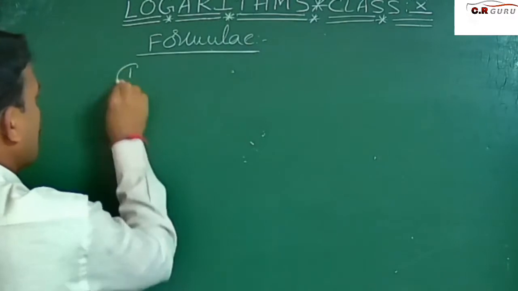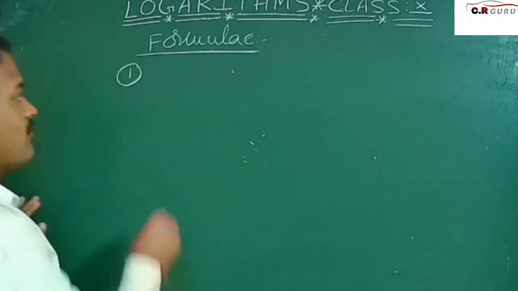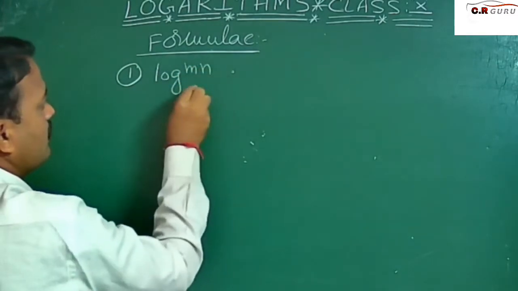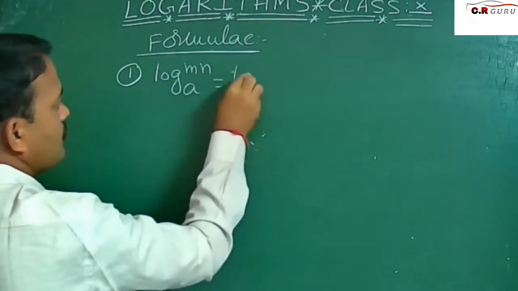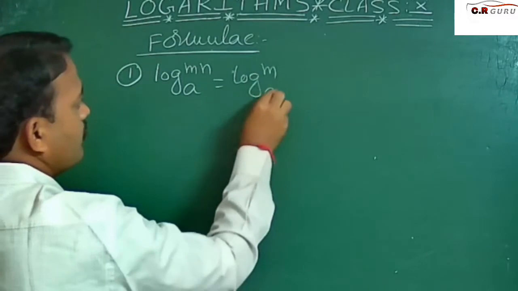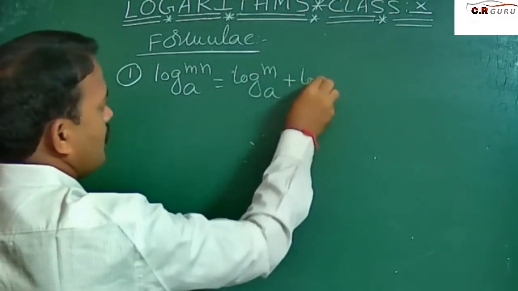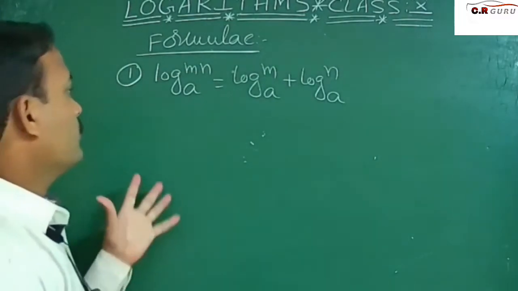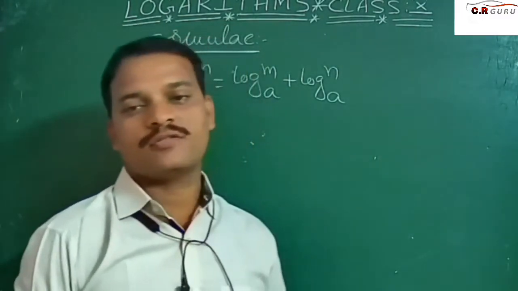The first one is the product formula: log mn base a is equal to log m base a plus log n base a. I want to explain this proof also.